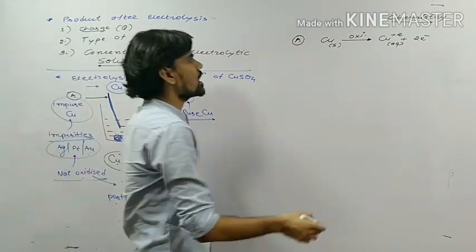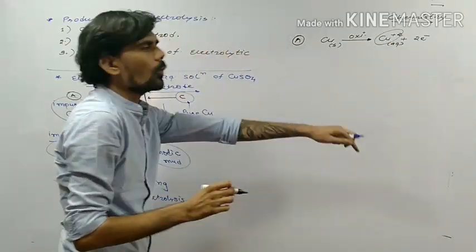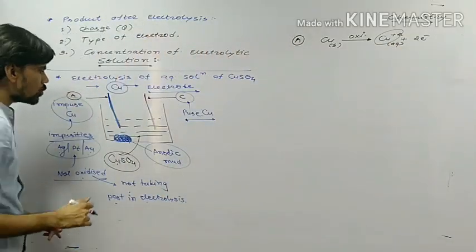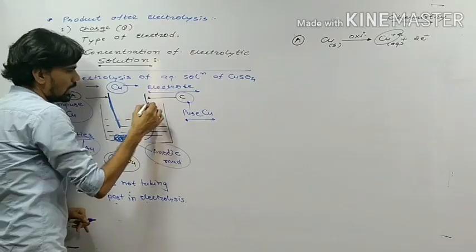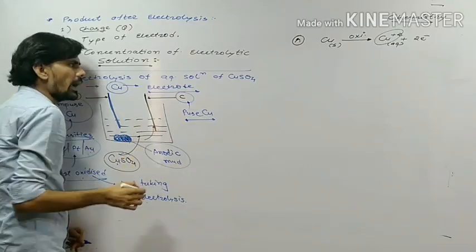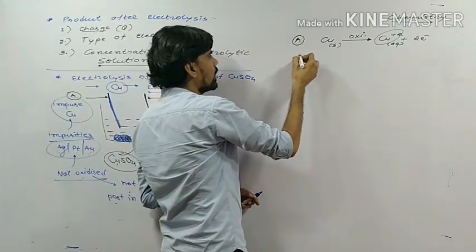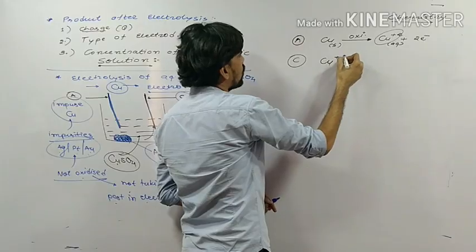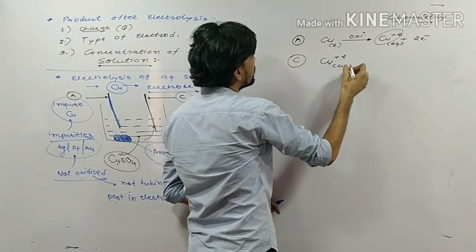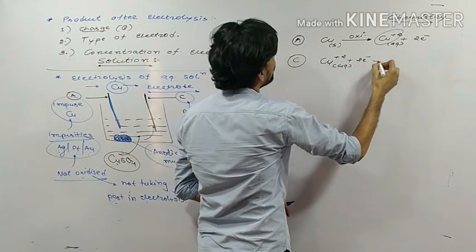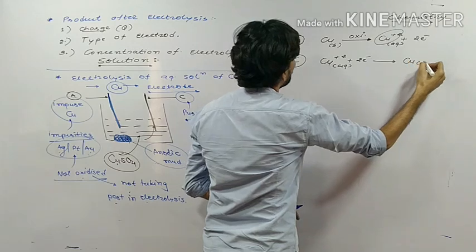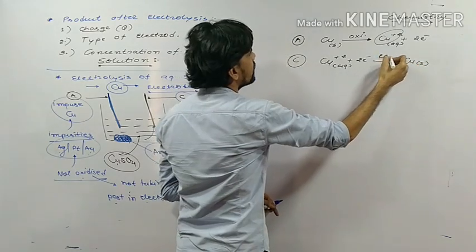On the same side, in the aqueous solution of CuSO4, with the help of electrolysis, the concentration of Cu2+ increases. That Cu2+ transfers to the cathode and gets reduced. So on cathode, Cu2+ aqueous will accept 2 electron and convert into copper solid.